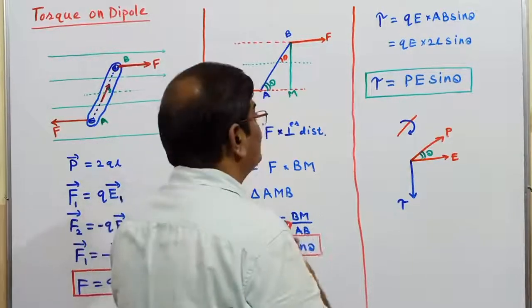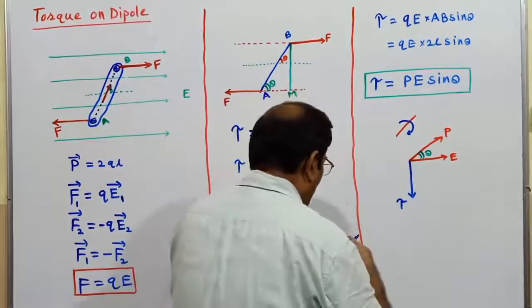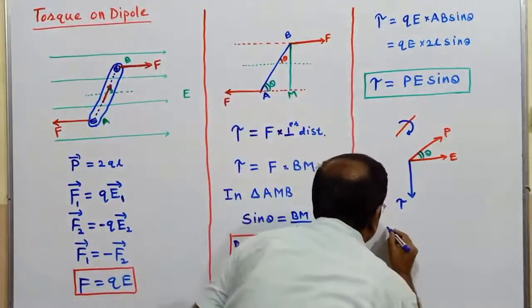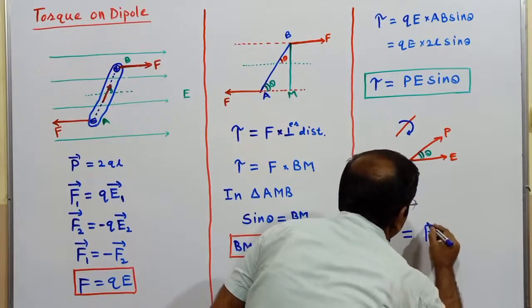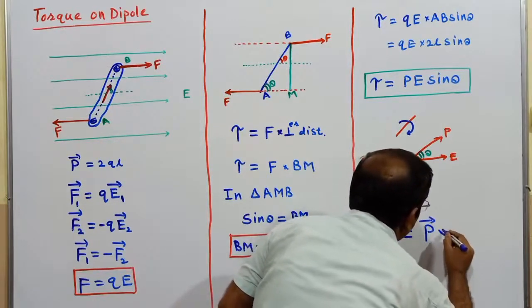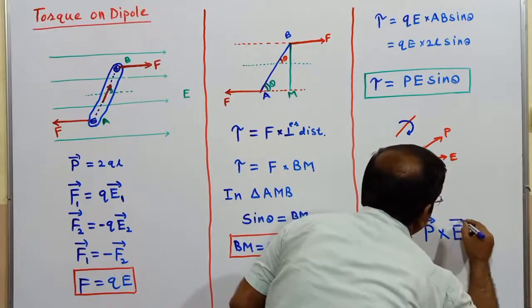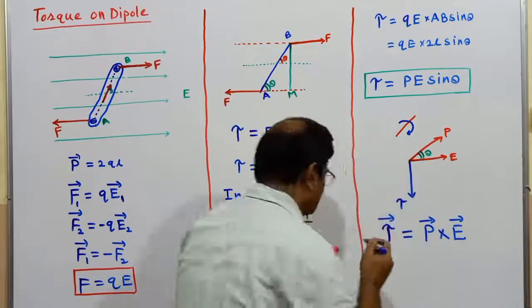And I write vector torque equals vector P cross vector E, and this is very important.